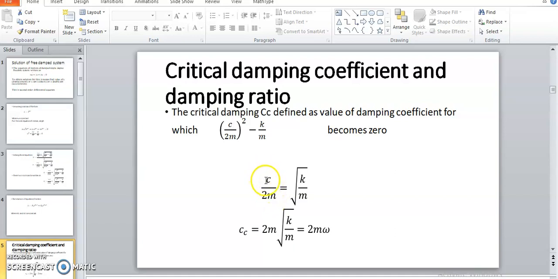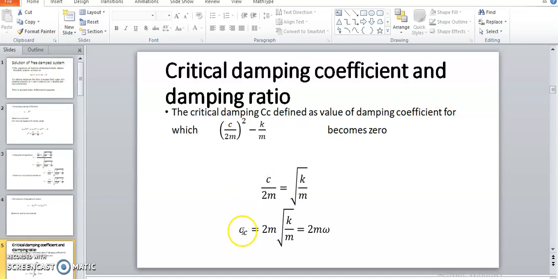This c we already discussed in the damping chapter, in types of damping, as the damping coefficient of a particular viscous damper. Now we introduce the critical damping coefficient Cc.